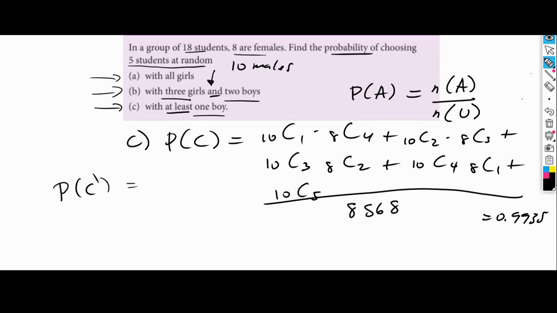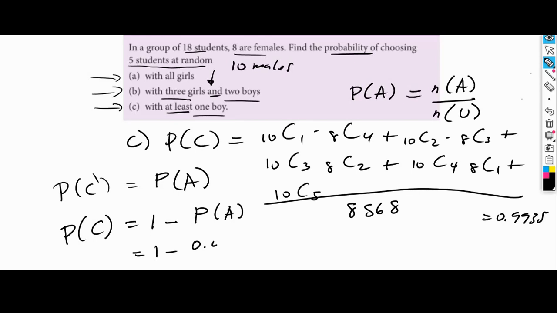So that means that the complement of the probability of C is the probability of A. So that means that the probability of C is equal to 1 minus the probability of A. And notice that this would give us the same answer because it's going to be 1 minus the probability of A, which we said before is 0.0065. So this would also equal 0.9935.